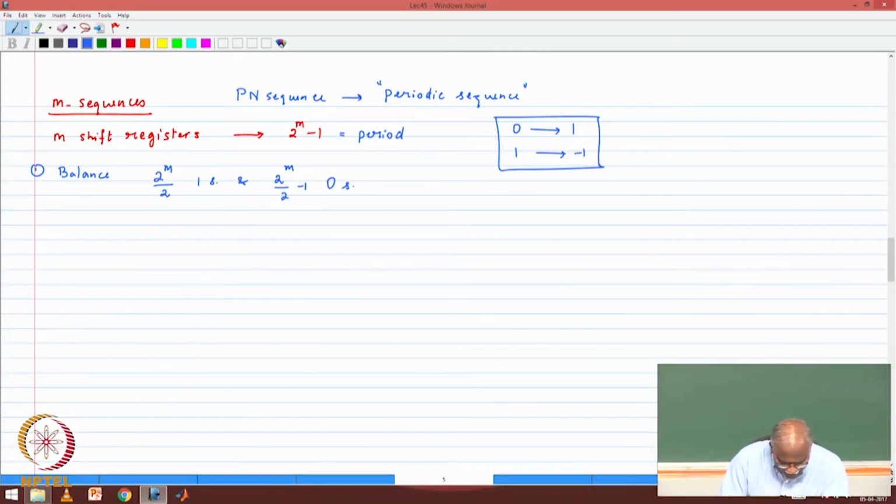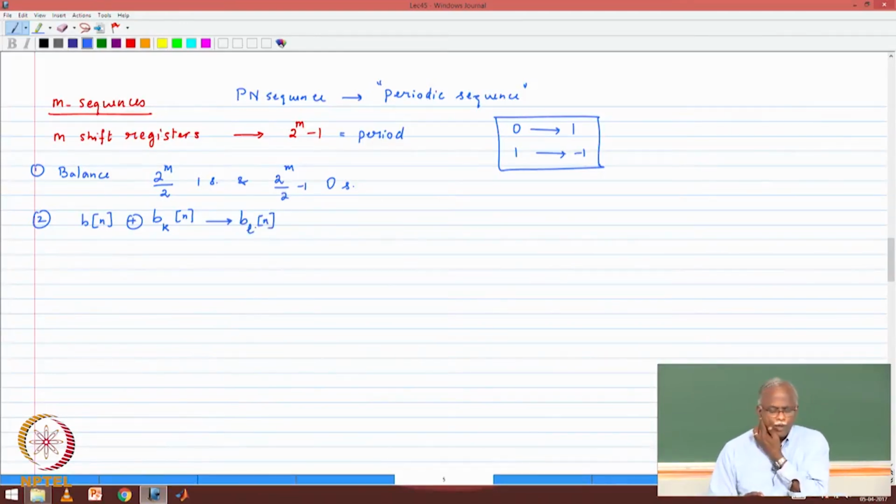The other interesting property is that when I take an M sequence and do a modulo 2 addition of itself with a cyclic shift of k units, I produce another cyclically shifted version of the sequence. So all the properties are still preserved: the balance property, the run length property.